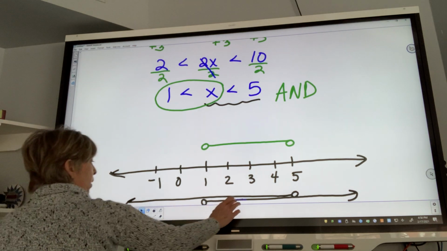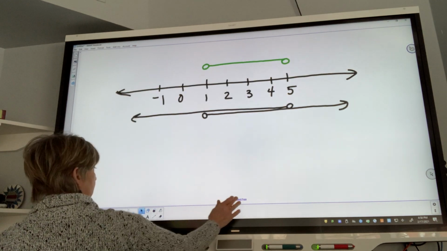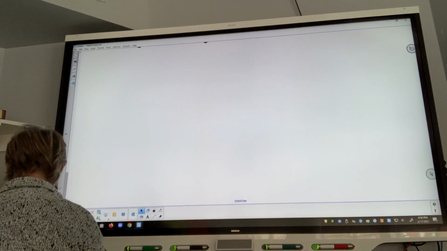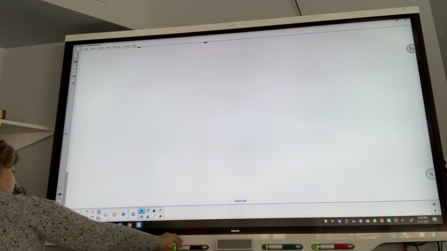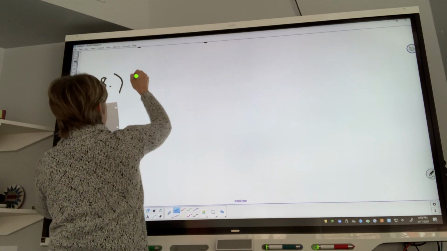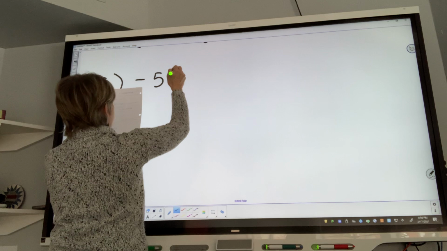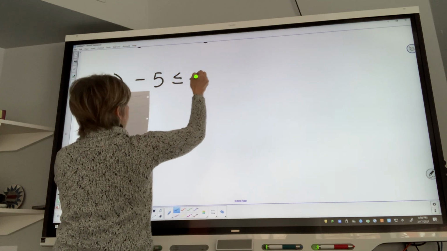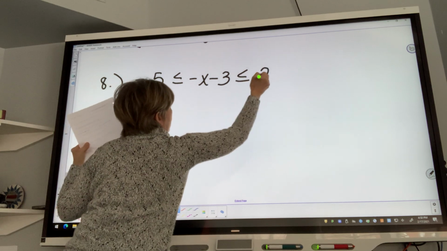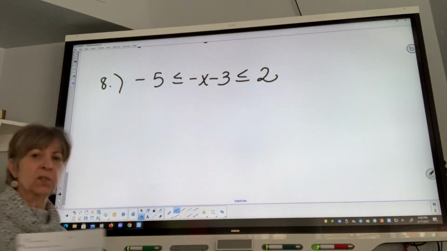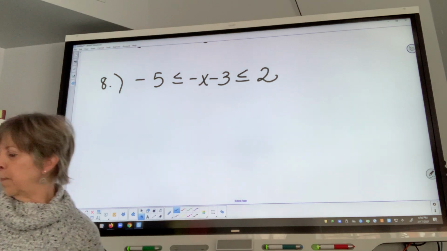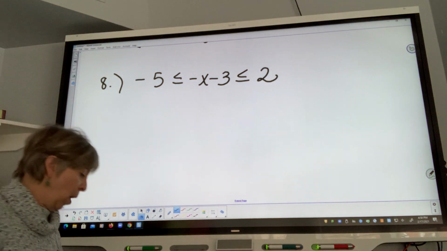So here's the one we're going to do together. Let's do number 8 on the back. Okay, so this is one of those condensed ones where we're going to solve both sides of this at once.